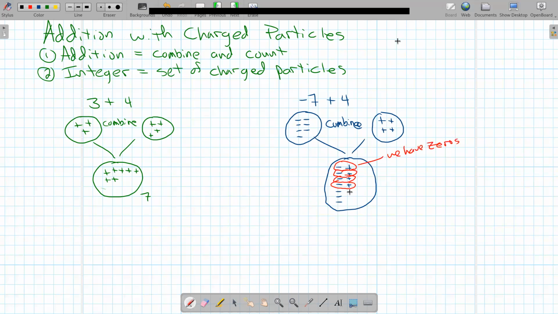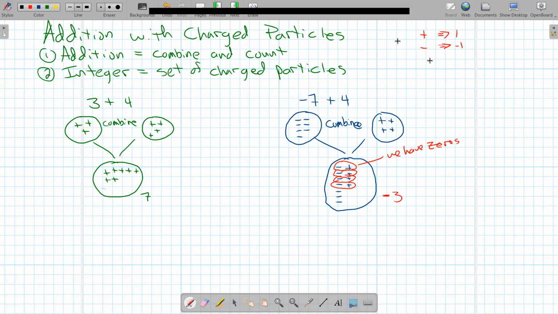And after we're done combining, we only have 3 negatives. So the answer has to be negative 3 here, because we have that cancellation, right? That idea with our charged particles, that this is our 1, and this is our negative 1.